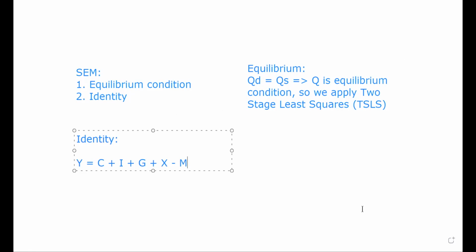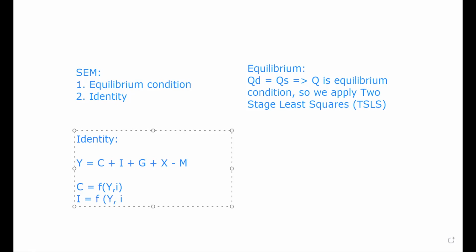So, for example, consumption function is determined by income, or another variable, interest rate, and investment is also a function of income and interest rate. Export is a function of exchange rate and foreign income.